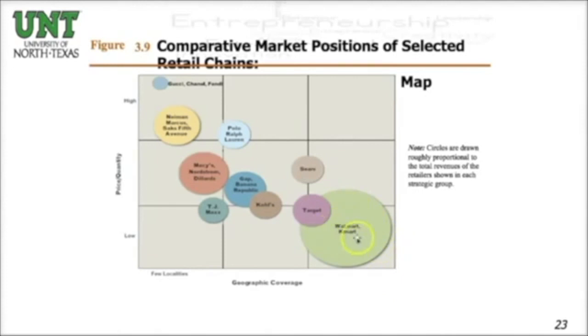So a lot of sales in this retail industry coming from these stores right here. Maybe more so Walmart than Kmart, but still together, that segment is quite large when comparing it to others. So this one actually satisfies just about everything that we're talking about. And in this one, you have price and quality on the y-axis, and then on the x-axis, you have geographic coverage.